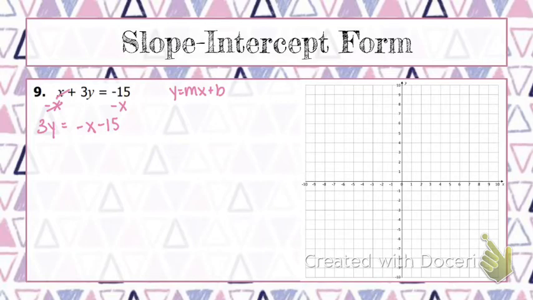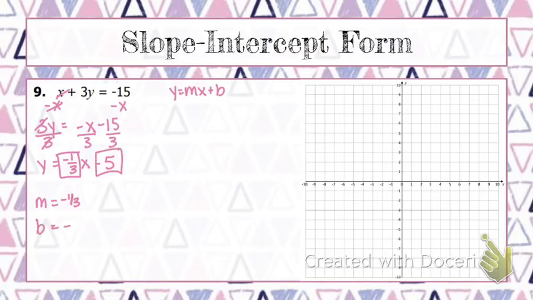Now, we need to get rid of the 3, so we'll have to divide everything by 3. And that's going to give us y equals negative 1/3 x minus 5. So that means that m equals negative 1/3 and b equals negative 5.